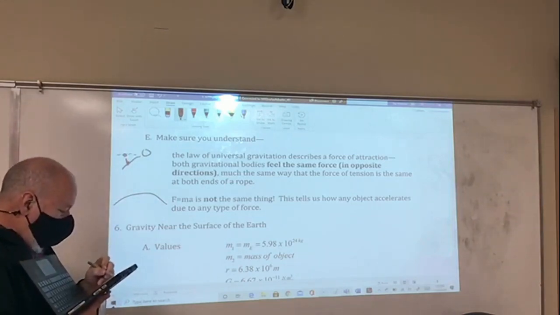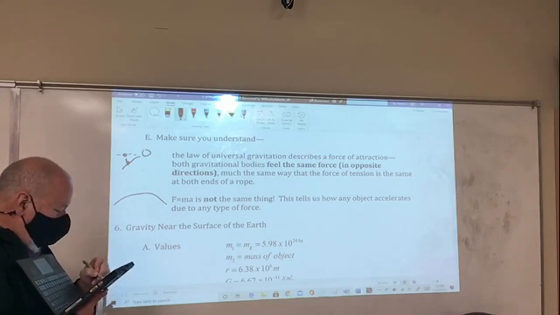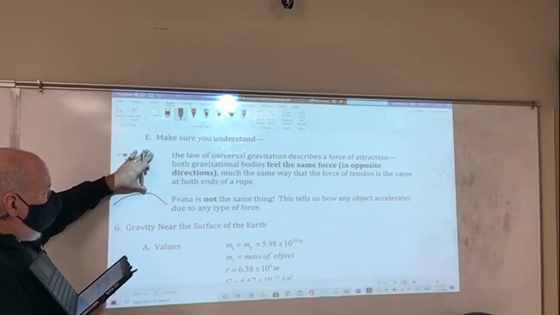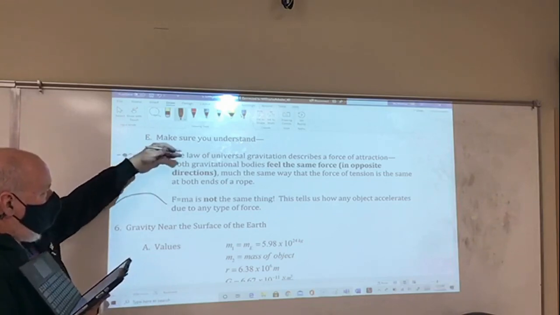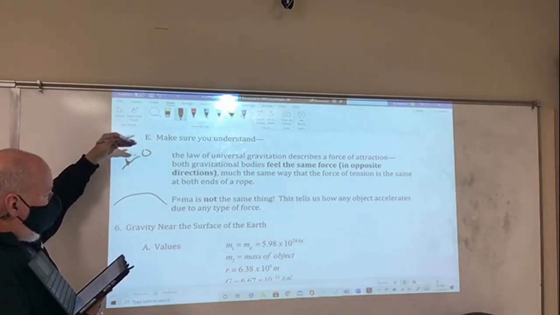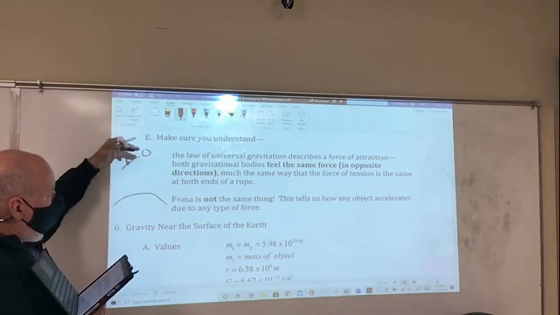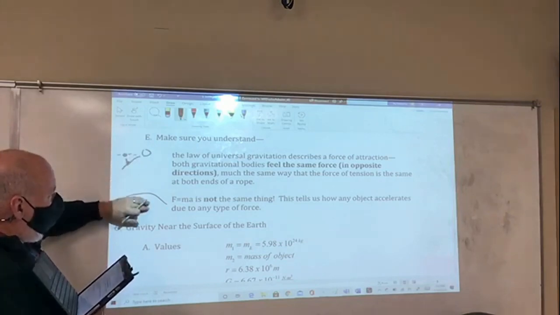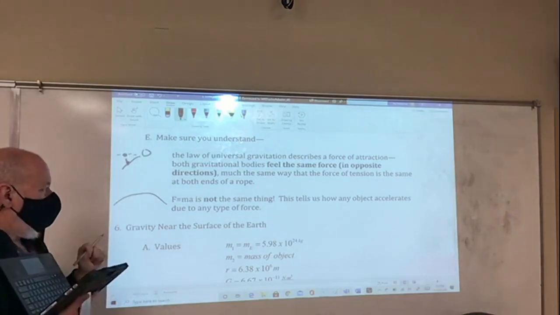Well, you can think of it in that way. And that force that both of them feel is the force due to the law of gravity. The thing that's different is that force is going to have a much greater effect on the smaller moon than it is on the Earth, right?